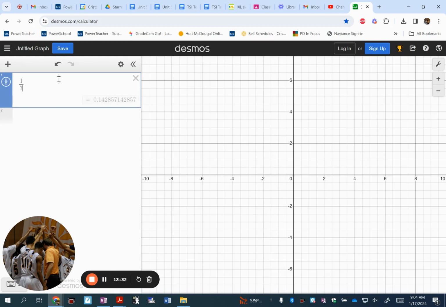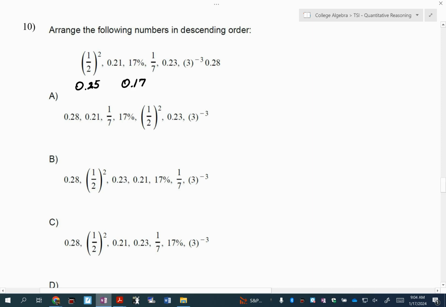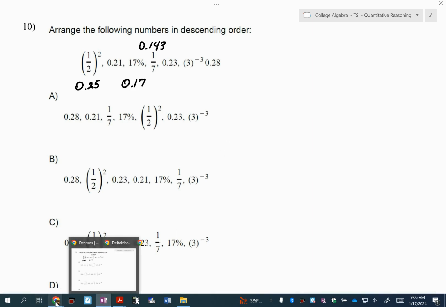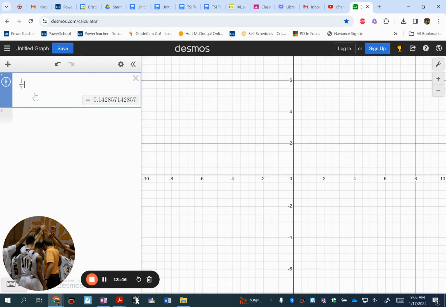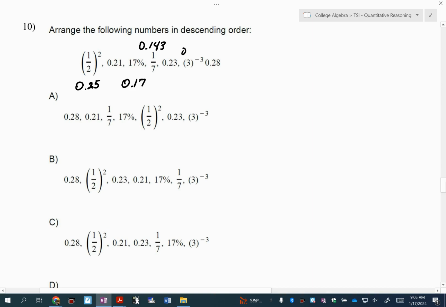So 1 over 7 is approximately 0.143. That's 0.23. 3 to the negative third power is 1 over 3 cubed. 1 over 3 cubed is 1/27th, which is going to be 0.037. And then we have 0.28.